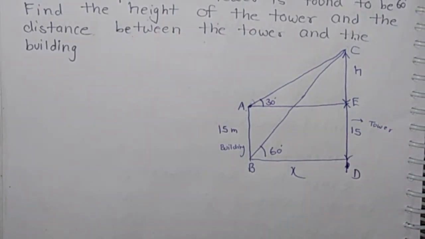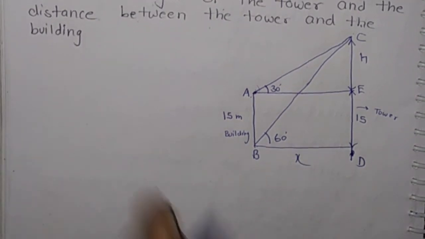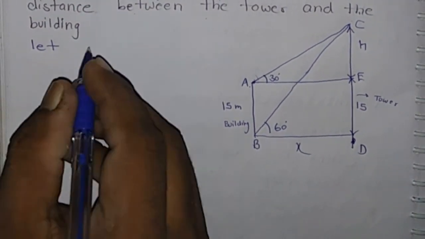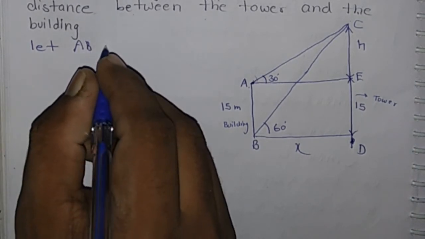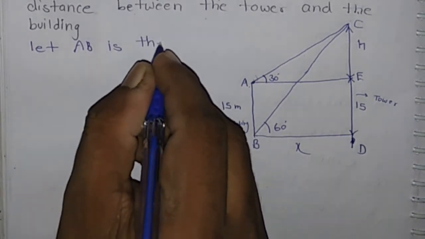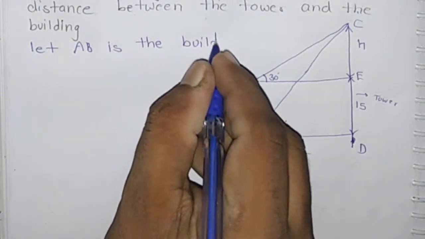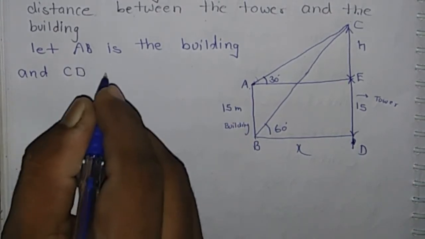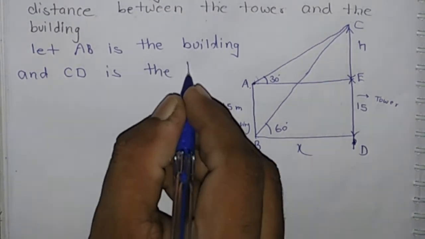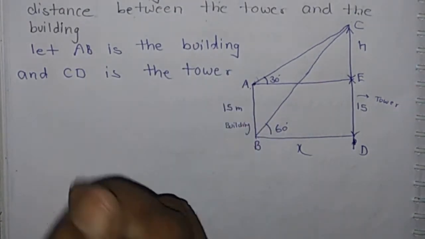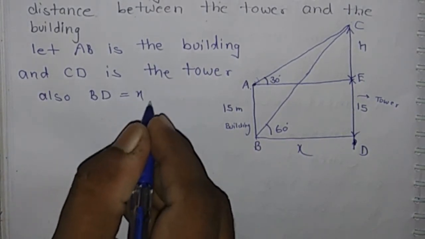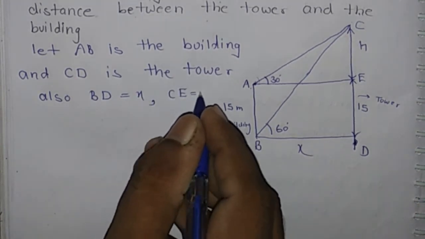First is AEC and second is BCD. AB is the building and CD is the tower. Also BD equal X and CE equal H.